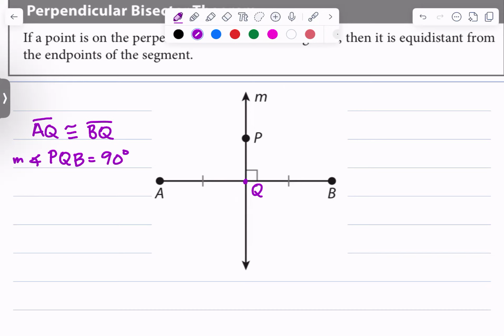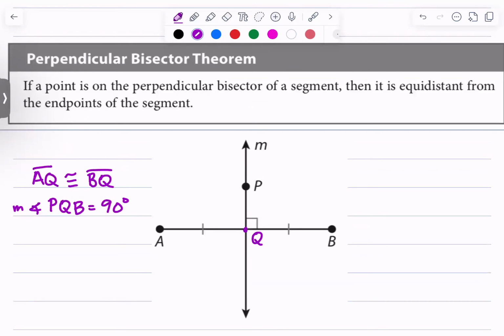If we know that, this theorem says it is equidistant to the endpoints of the segment, which means if I draw out PA and PB, they are congruent. Okay? That makes sense? If I know the purple, then I know the red. Okay?